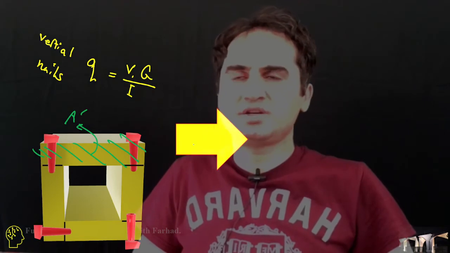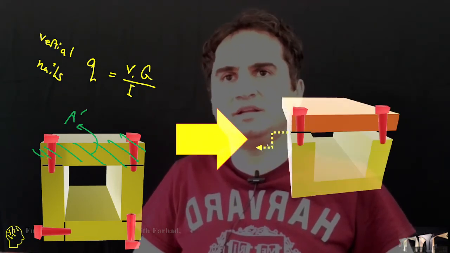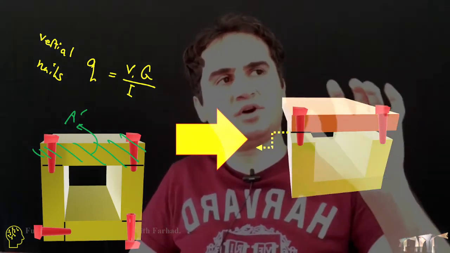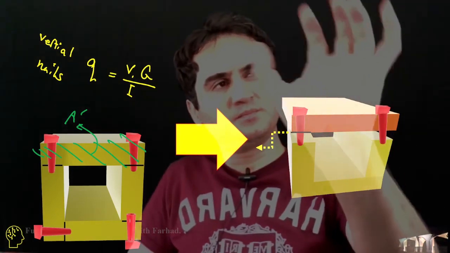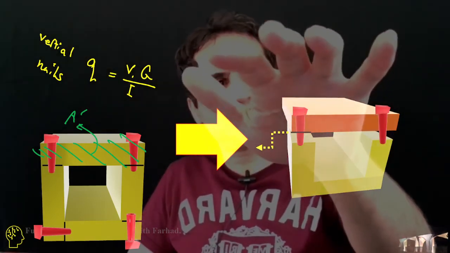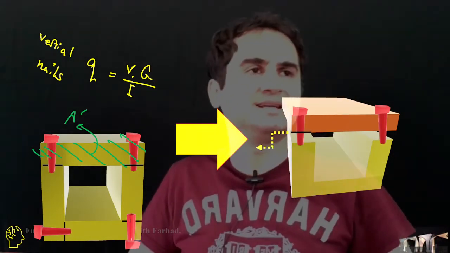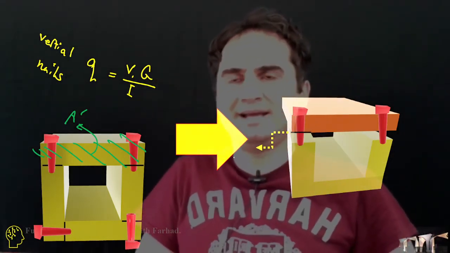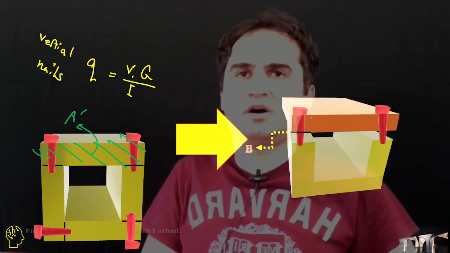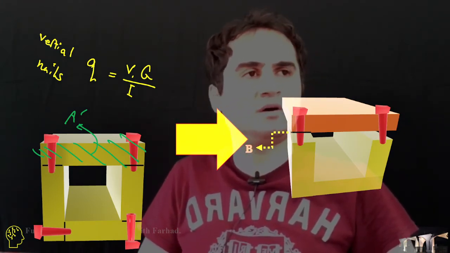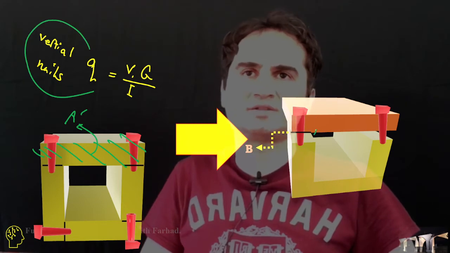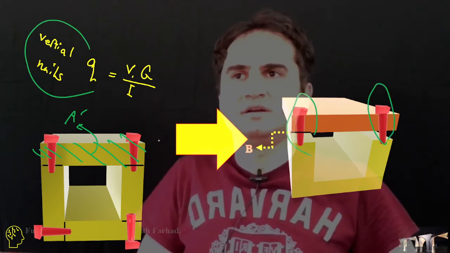So we just simulate it like this. We apply a pushing force to the board, and the two nails are against that. That's the effect of vertical nailing. These are vertical nailing.